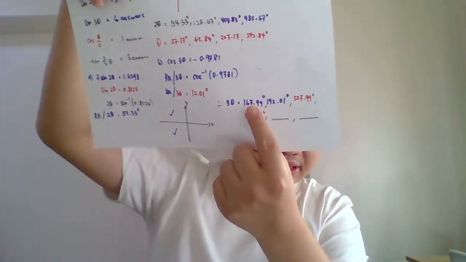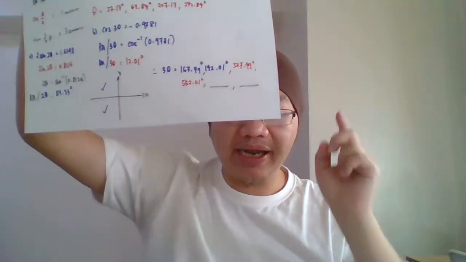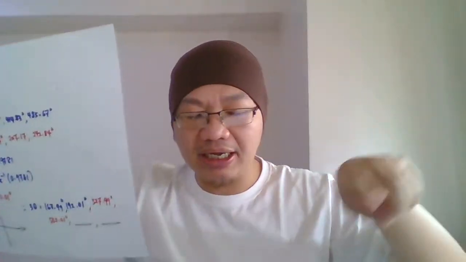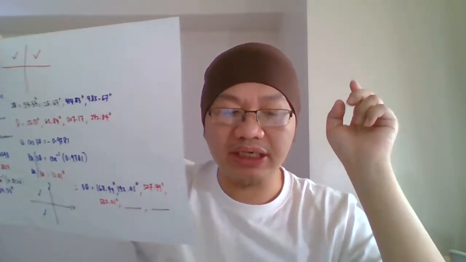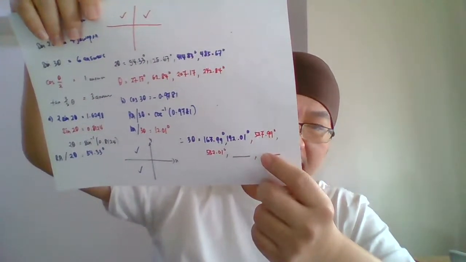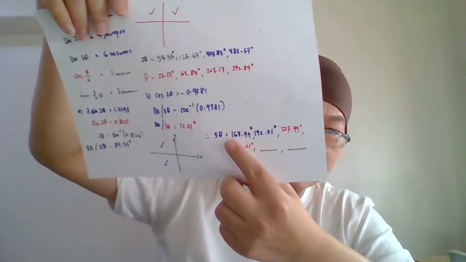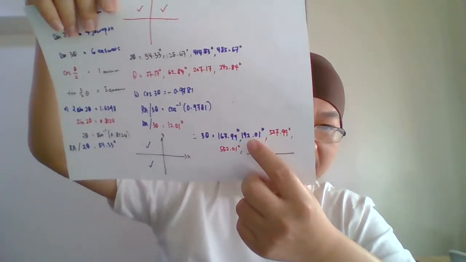You take first answer, you plus with 720 because two complete circle will give us 720 degree, right? So to find the fifth and the sixth answer, 720 plus first answer. For the sixth answer, 720 plus with the second answer.